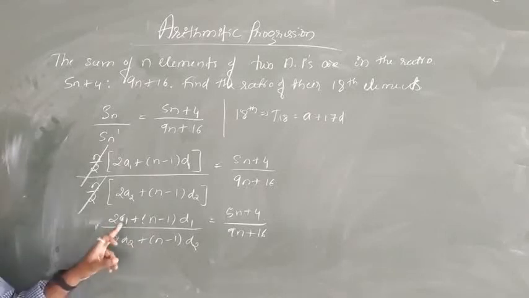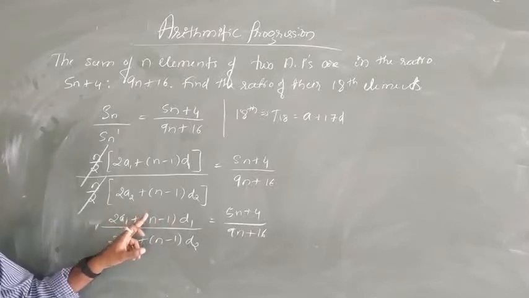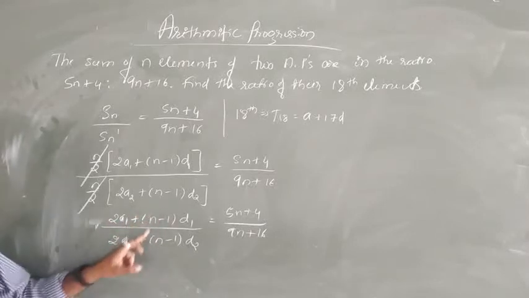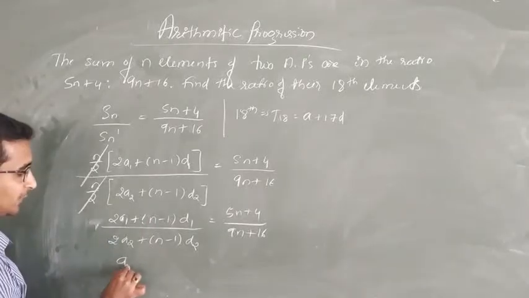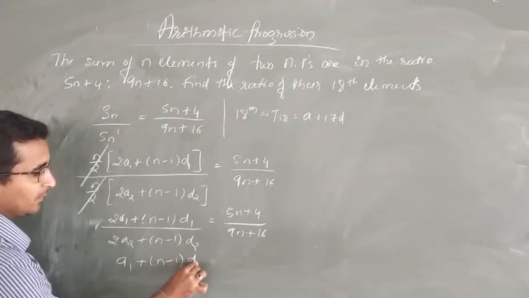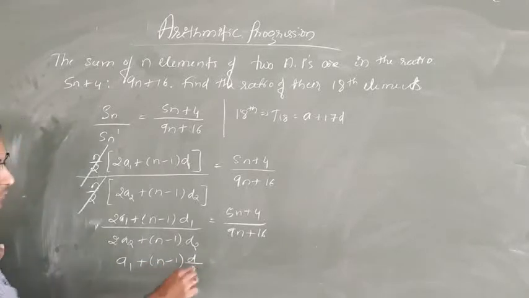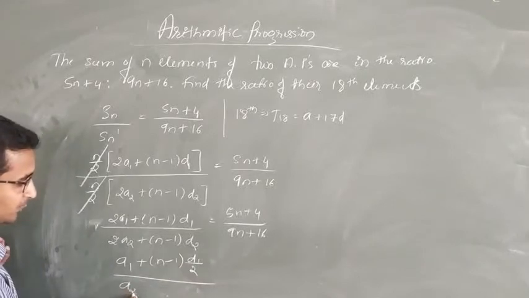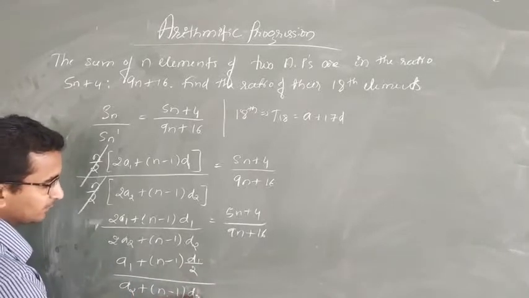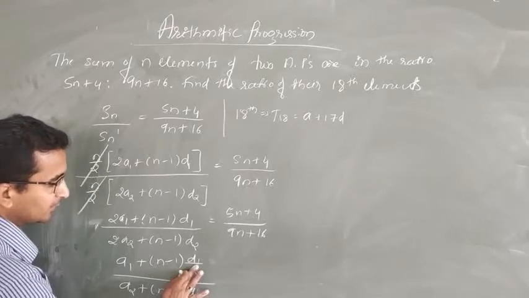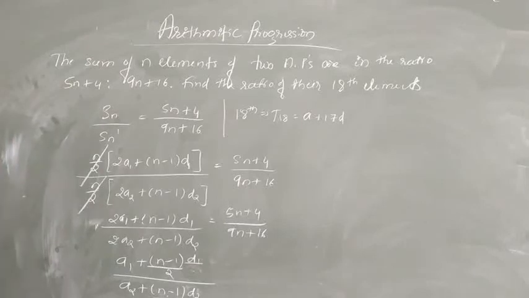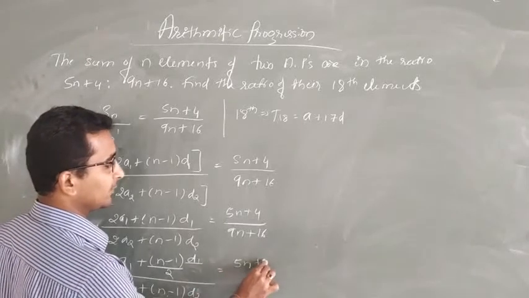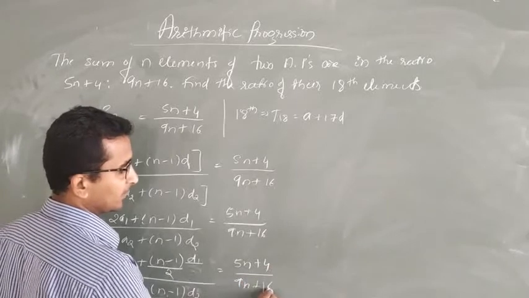So directly what I will do, in the LHS I will divide the numerator and denominator by 2. At that time I will get (a1 plus (n minus 1) d1 by 2) divided by (a2 plus (n minus 1) d2 by 2), or else you can write this as (n minus 1) by 2, like that, is equal to 5n plus 4 divided by 9n plus 16.